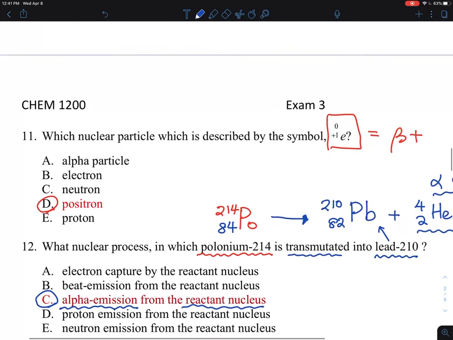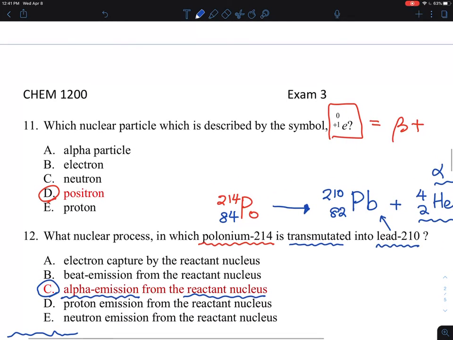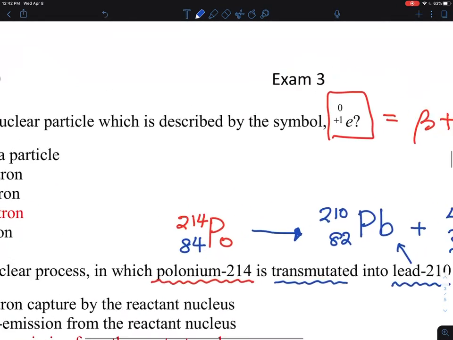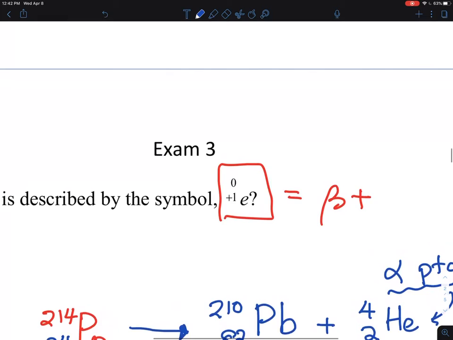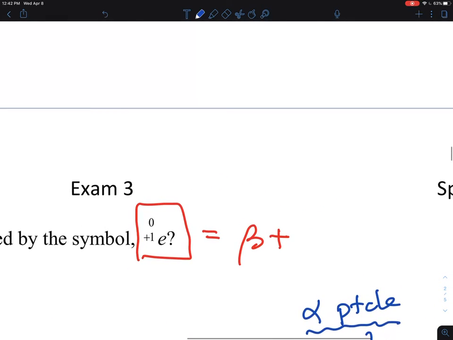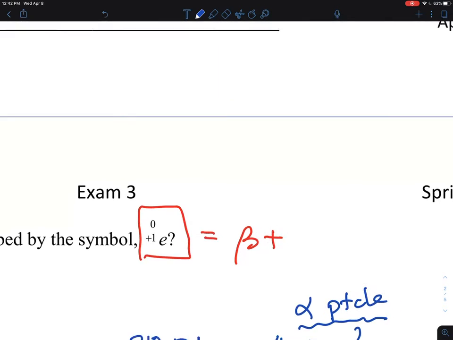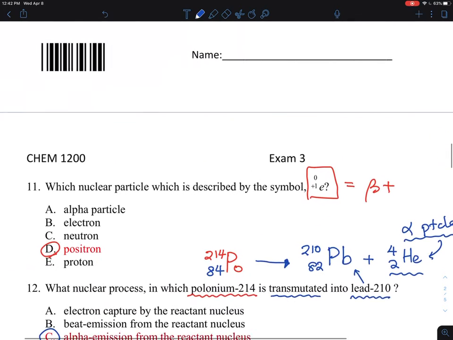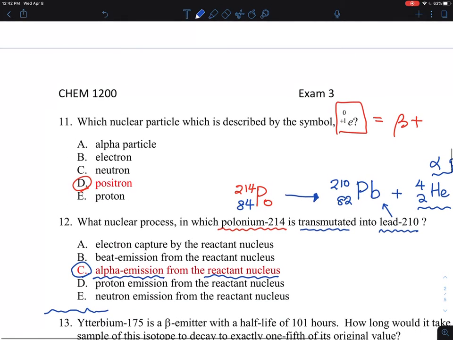Number 11 problem is so easy. This problem says, what particle is described as a symbol with almost no charge, but the same charge as the proton? That's what we call the positron. We use beta plus as a symbol, so you just look for the answer for the positron.